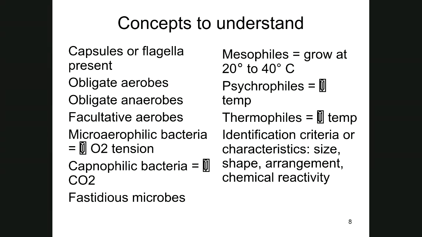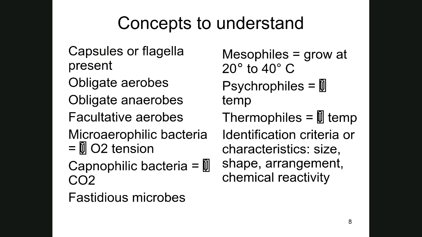Capnophilic. They like to have an increase of CO2. So microaerophilic, they like to have decreased oxygen tension, but capnophilic wants to have actually an increase of CO2. So how can we do that? We put the specimen on a media plate inside of a little jar with a candle.